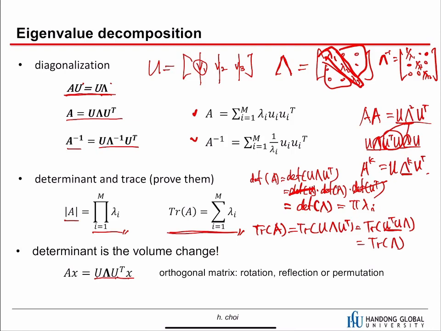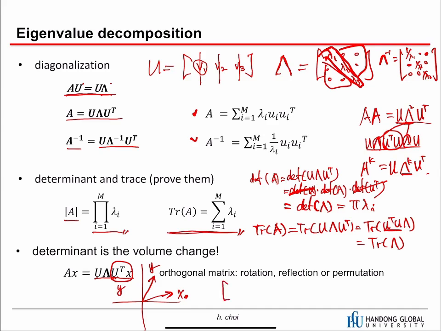So let me put it this way with a two-dimensional example. Let's say this one is X, and when we apply U transpose, then we get Y. Okay, this is Y. Basically, the scale of Y is the same as the scale of X. And then we multiply the eigenvalue matrix.